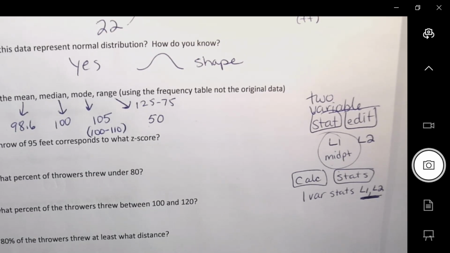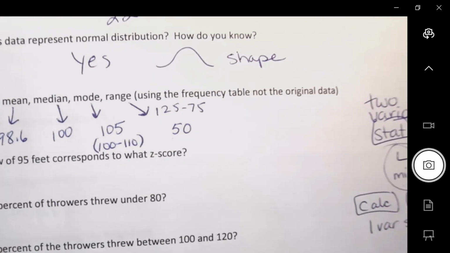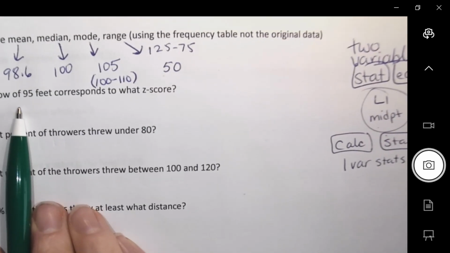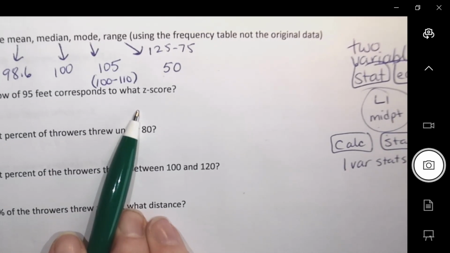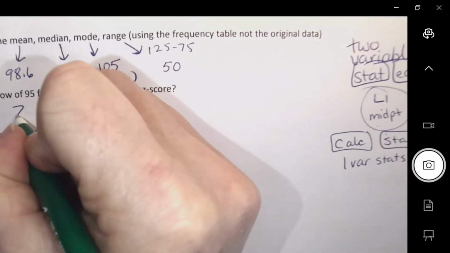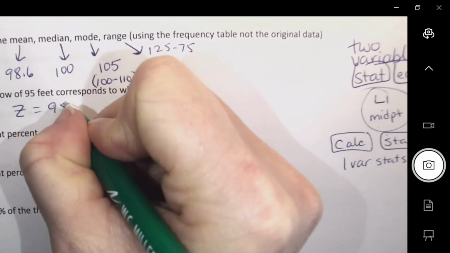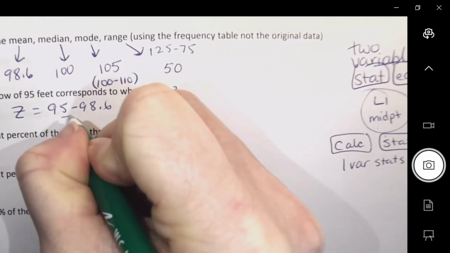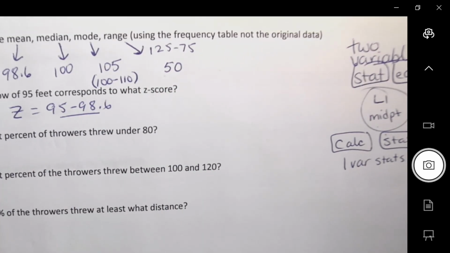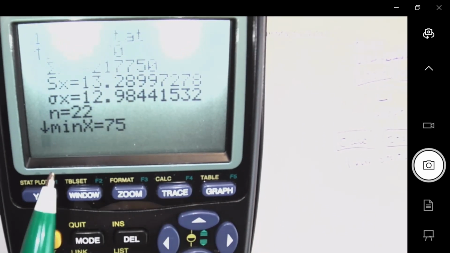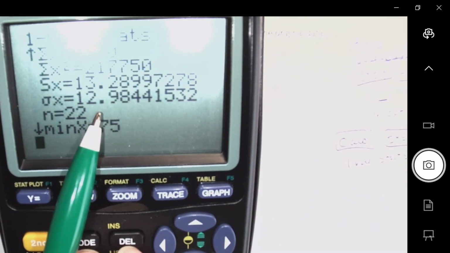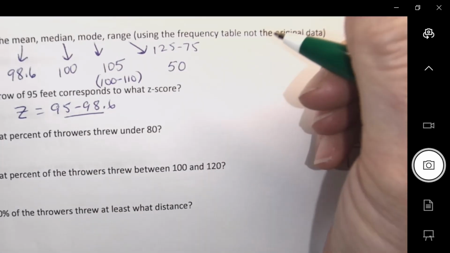Okay, so to answer a few questions, if you threw 95 feet, what's your Z score? So what should I do? Formula. Oh, I need my standard deviation, I guess. It's on here. The standard deviation is the one with the hook, so 12.98.